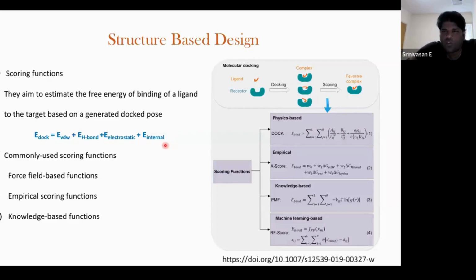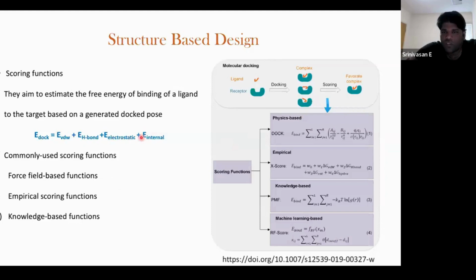The commonly used scoring functions are force field based, empirical based, and knowledge based scoring functions. Usually people use physics-based and empirical-based scoring functions. The empirical-based scoring function uses van der Waals, hydrogen bond, electrostatic, and internal terms.